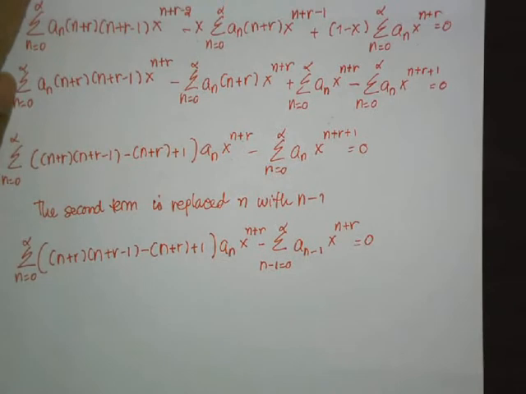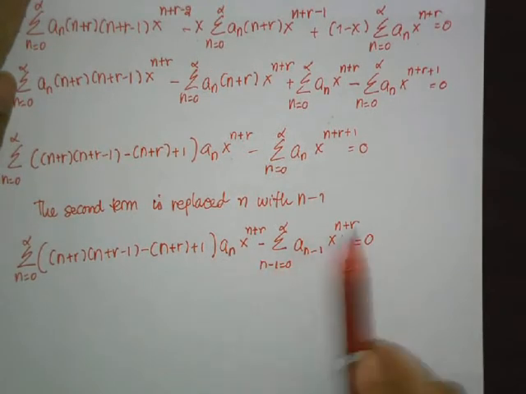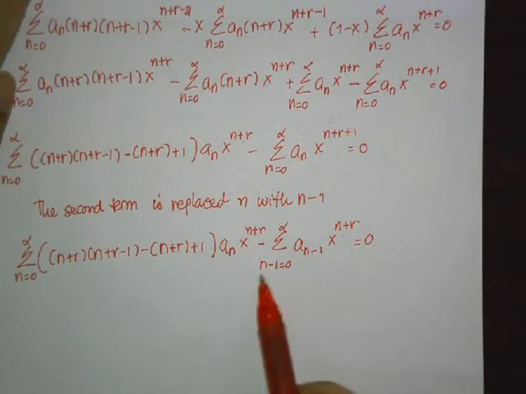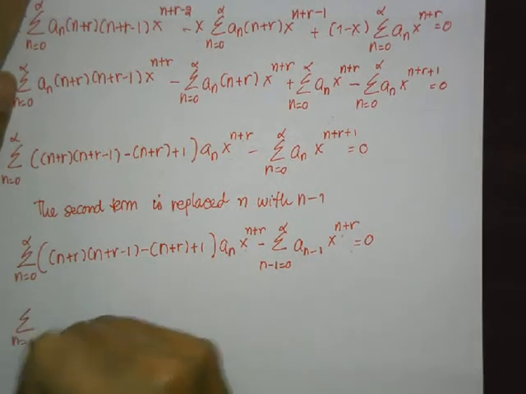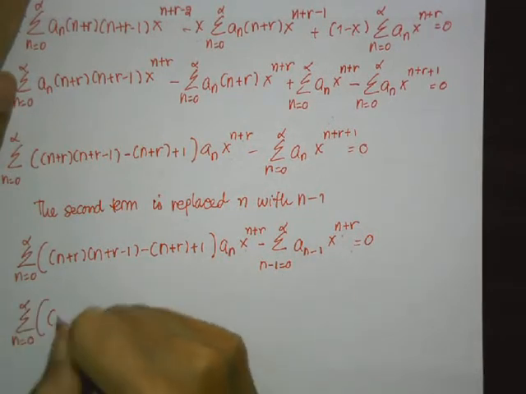Now we have the same x to the power n plus r, but it does not begin at the same n yet. The second term begins at n equal to 1.